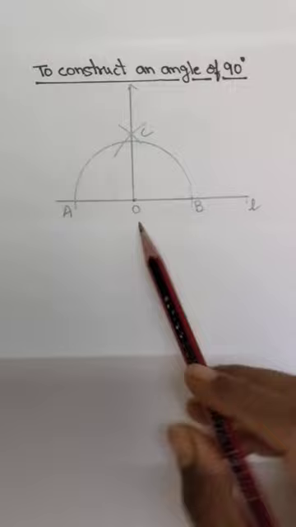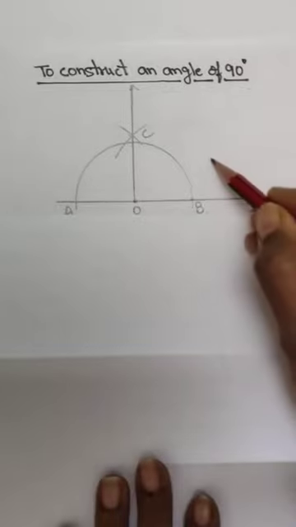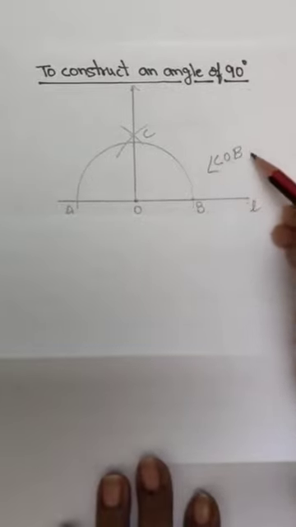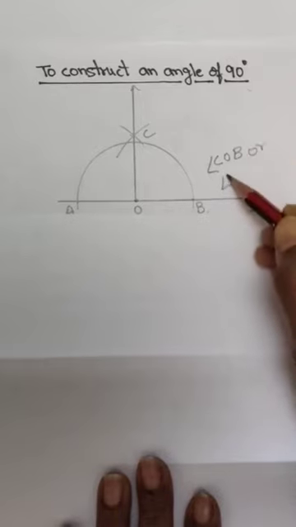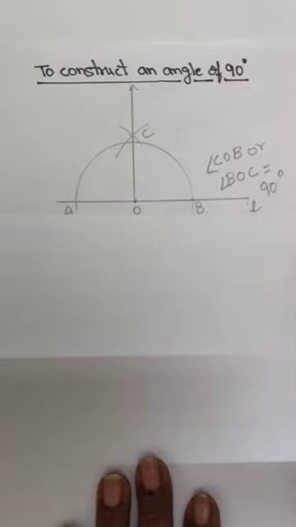This angle COB, this is your 90 degree. Angle COB, or we can say angle BOC, is equal to 90 degree.